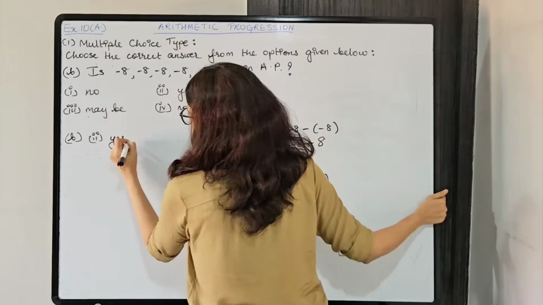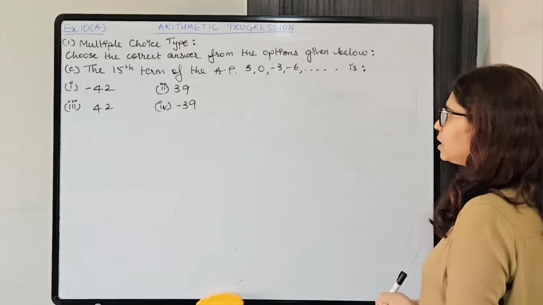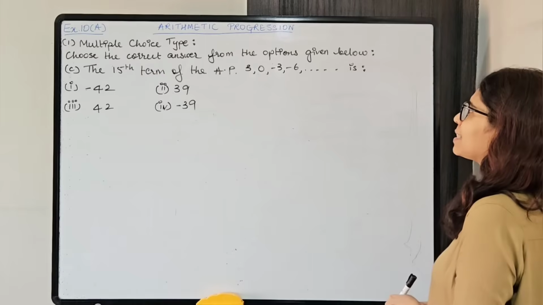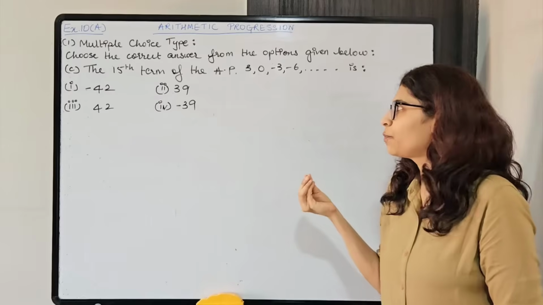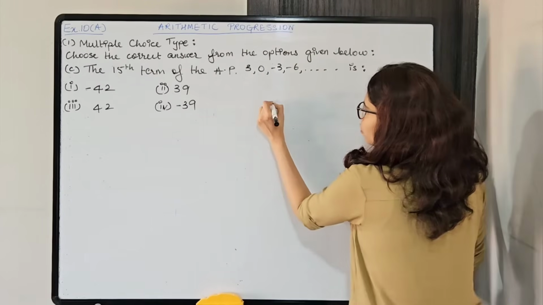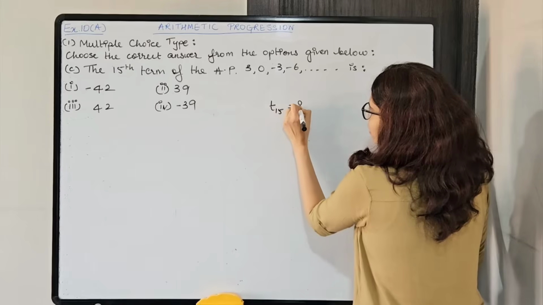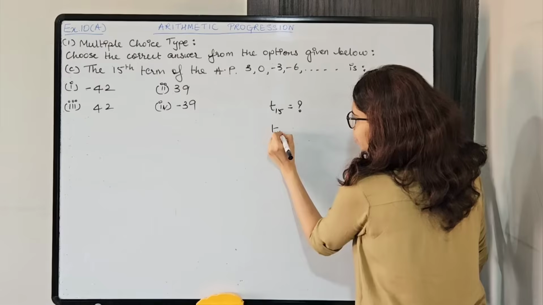That is yes. Okay. C, the 15th term of the AP 3, 0, minus 3, minus 6 and so on is, again don't look at the options, solve first. We have to find out the 15th term, that is T15. And what is the formula for finding the term?